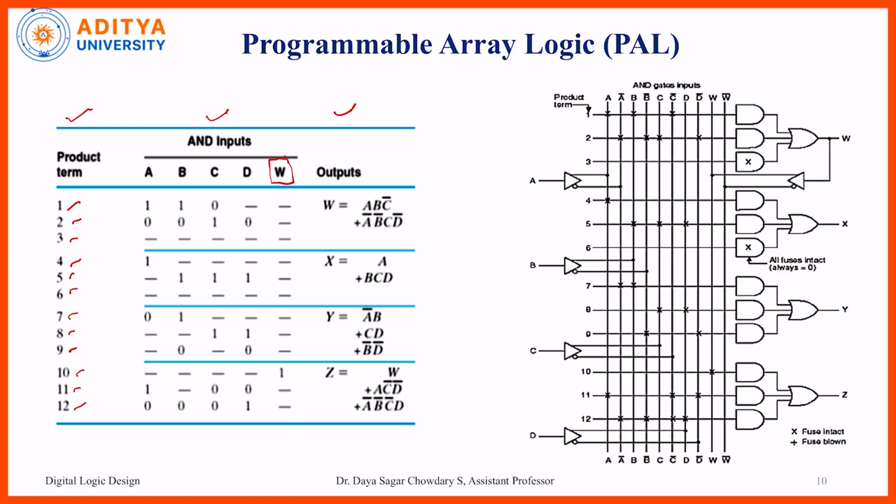We know that PLA, PAL, PROMs are predefined hardware, so whatever required equations we have, we program on those particular circuits. That is why these are fixed. That means 1, 2, 3 and 4, 5, 6. Likewise we have to take these product terms, and here the first expression.